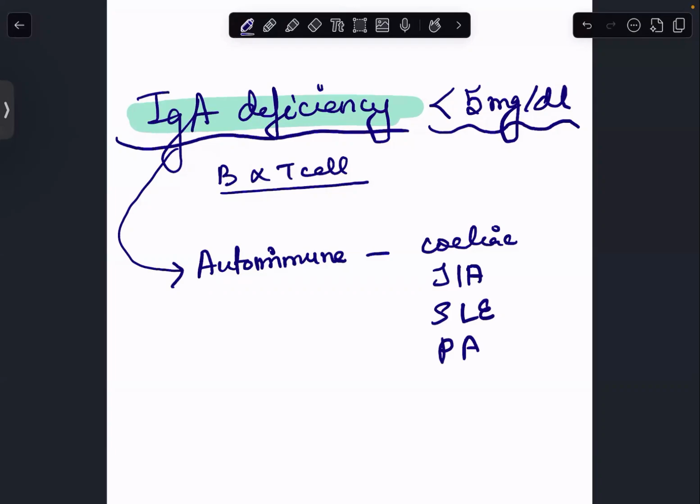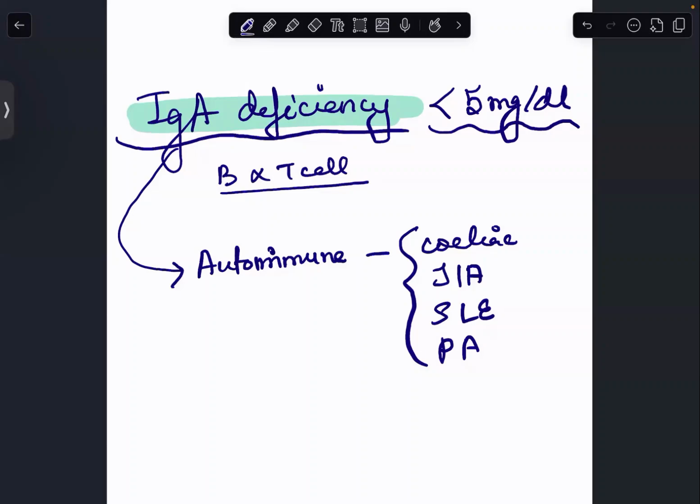That means if a child has celiac disease, there is a higher chance that the child can also have IgA deficiency, so we have to screen for it. That's why in celiac disease, we do a total IgA plus anti-tissue transglutaminase.